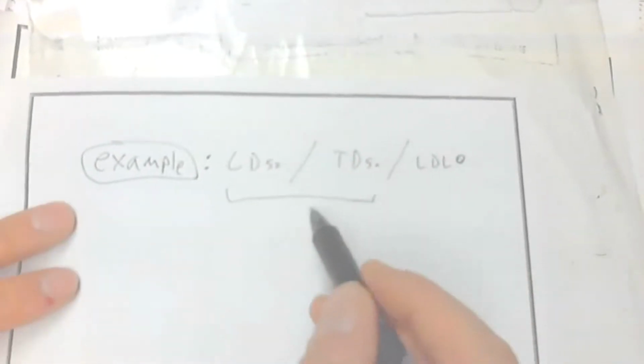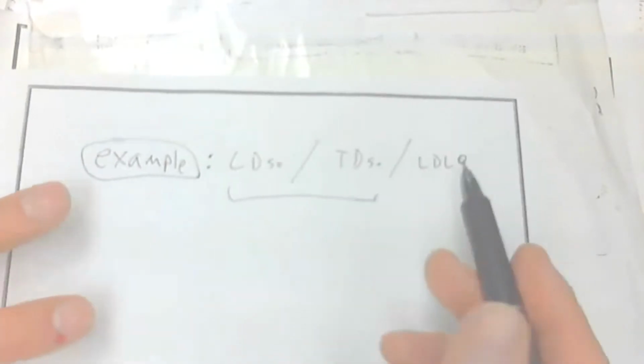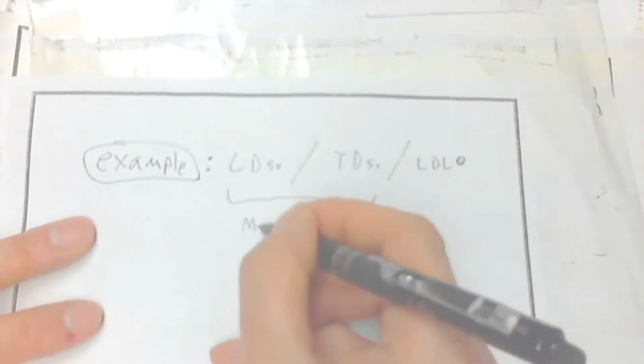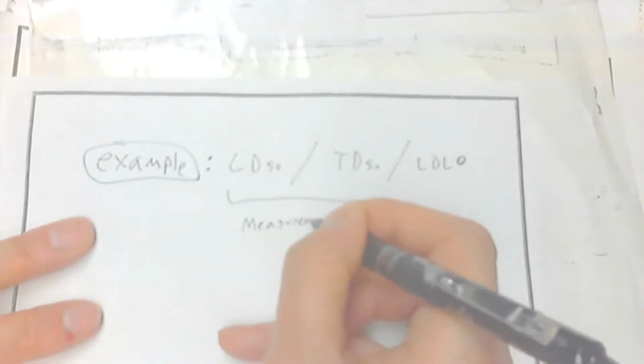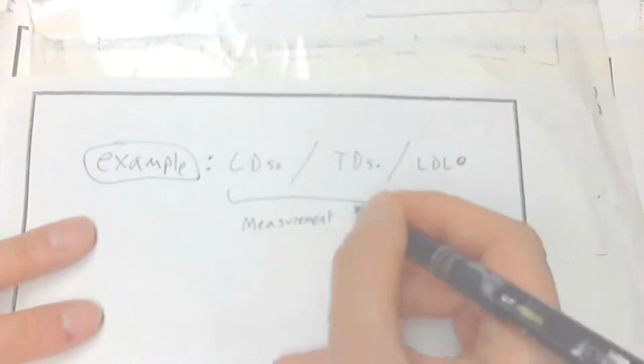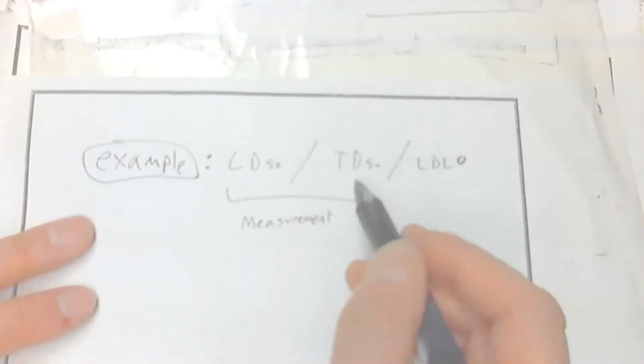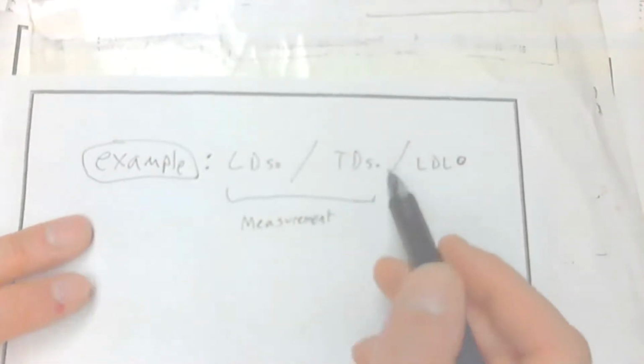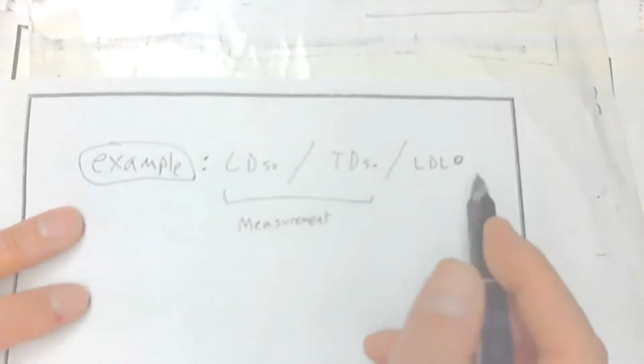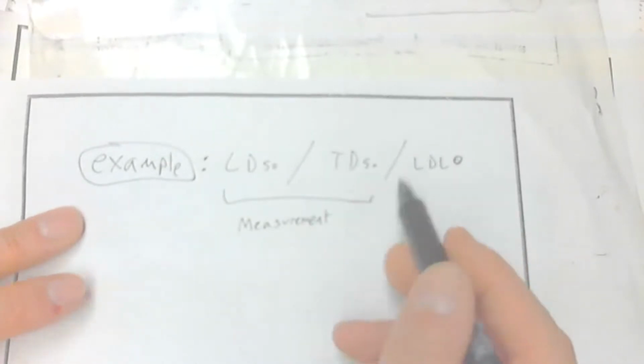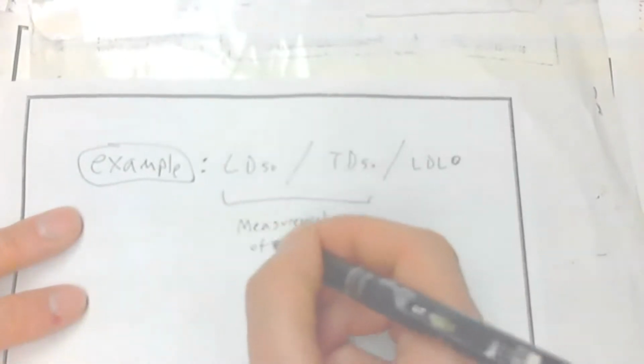It's the lethal dose or toxic dose for 50% of a population. You could say these are measurements of toxicity. Overall, you don't want the effective dose to be anywhere near the lethal dose or toxic dose. We'll say roughly a measurement of toxicity.